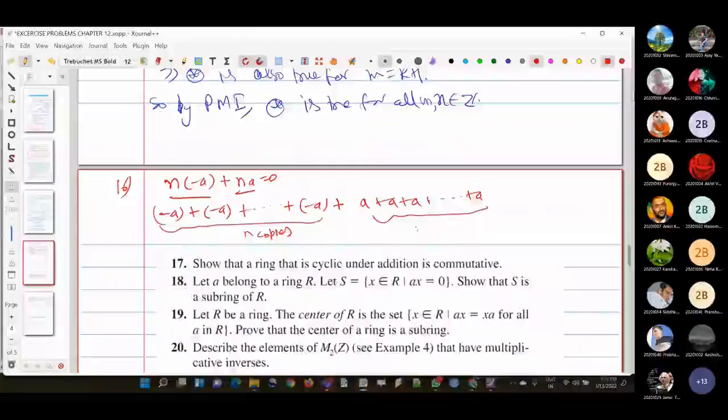Because they are elements of a ring, we can put them together. So a and negative a give us 0, and again a and negative a give us 0. So this is going to be 0, and once it is proved, it means n times minus a is equal to minus na. So this was what we were supposed to prove.